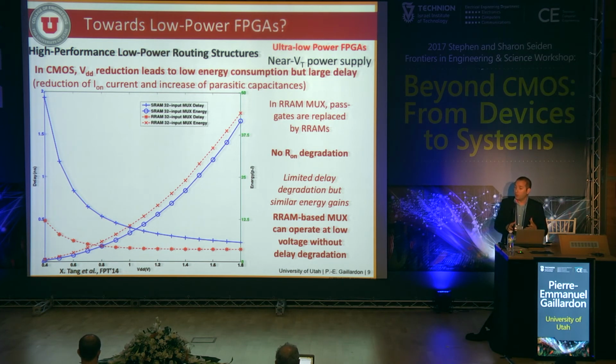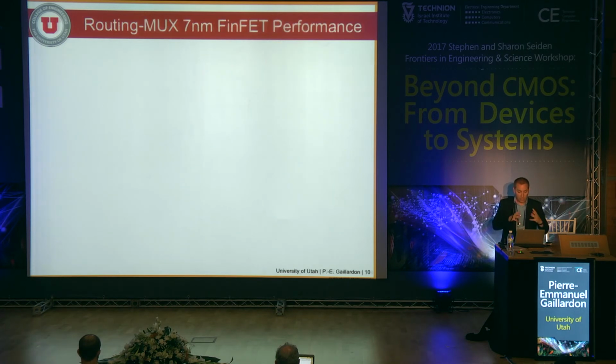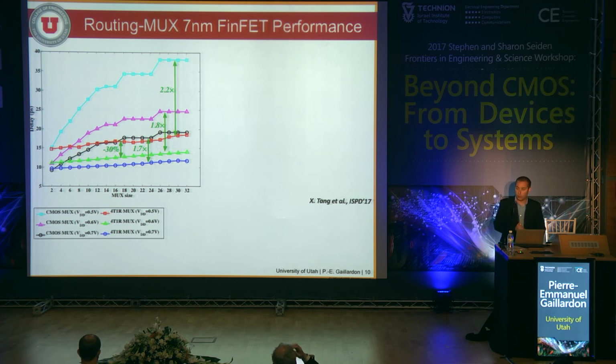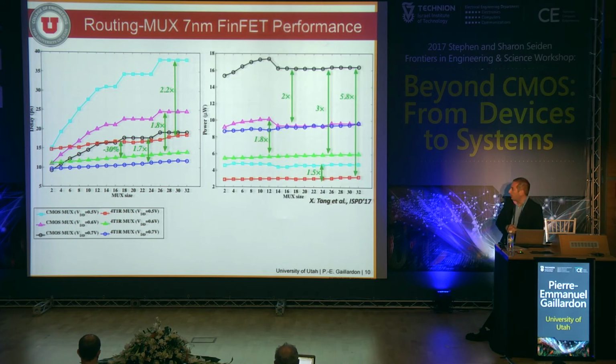And that gets very interesting, because if we now study that for our 7 nanometer routing MUX, here I'm showing the delay, and on the other plot the power, for a regular CMOS at 7 nanometer and an RRAM-based FPGA multiplexer, for different voltages.